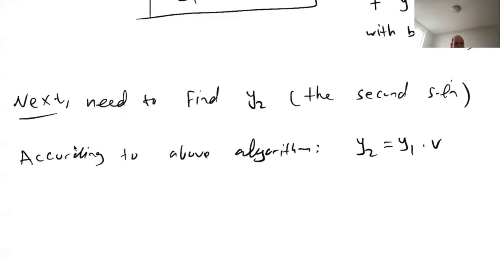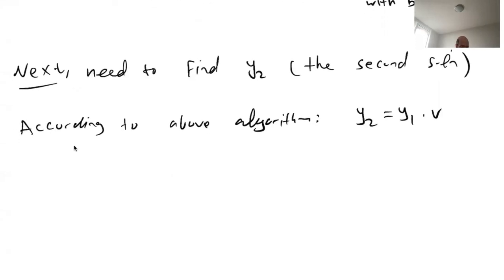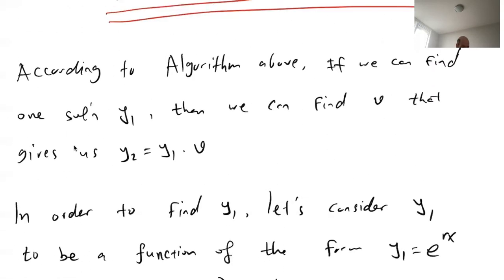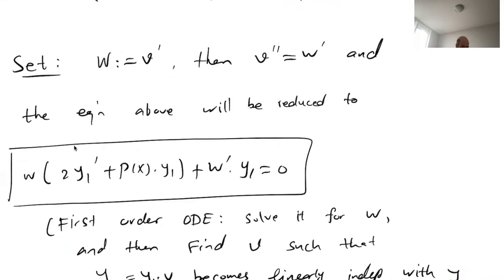And how did we find v? Basically, we found w, which was v prime. So to find v, solve for w, which was v prime. And what was the equation for w? So let me call this equation, maybe I can call it equation 1.